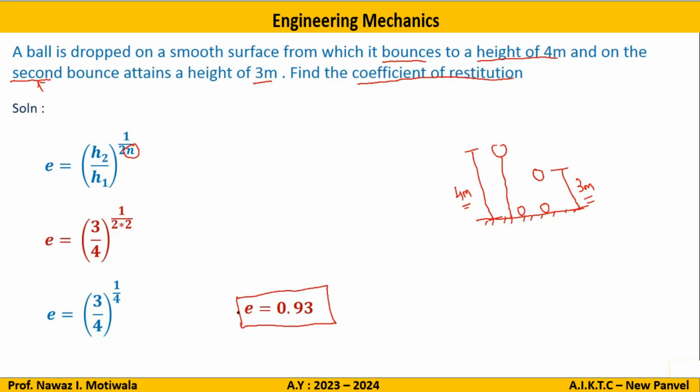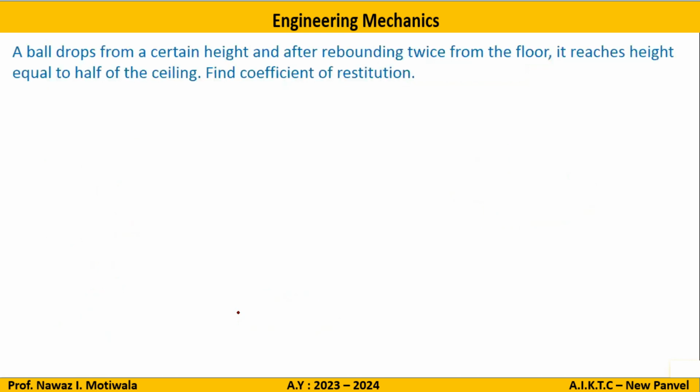Let us solve one more problem based on this, which says a ball drops from a certain height and after rebounding twice from the floor reaches a height equal to half of the ceiling. Find the coefficient of restitution. So let us start with the solution. Again, here let us say there is a ceiling and there is a floor, and the ball is dropped from this height.